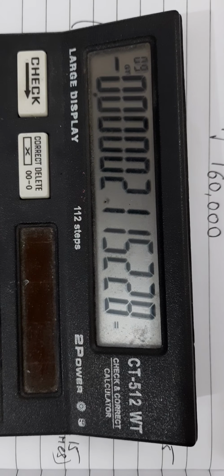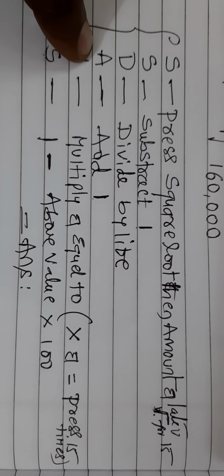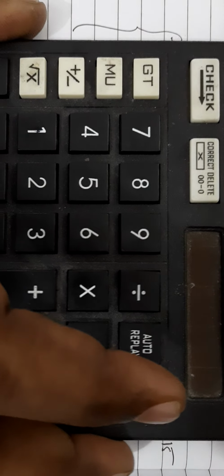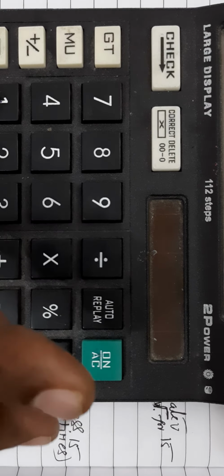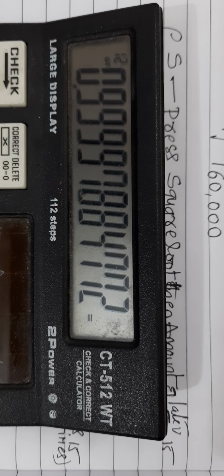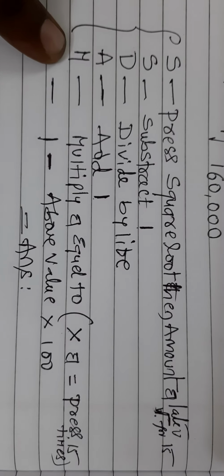After dividing by 4, you get 0.000021215228. Next, the common step: add 1. Press is equal to. You will get 0.9999788772.